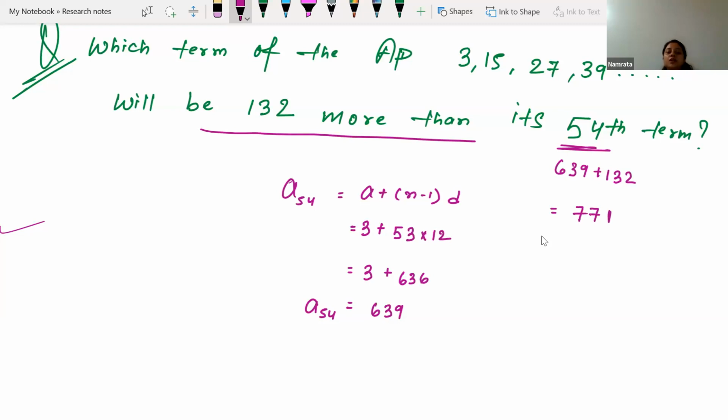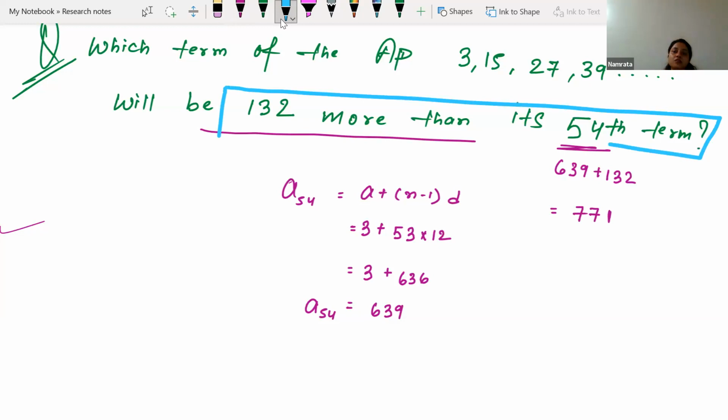Which term of the AP is 132 more than the 54th term? That means this total we are getting as 771. So we can say, which term of this AP will be 771?